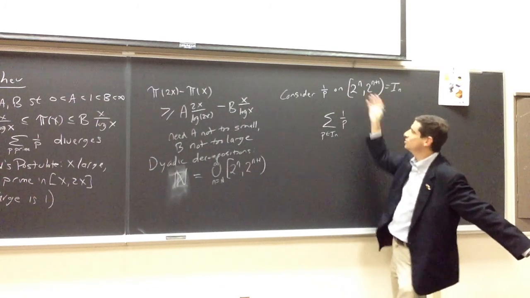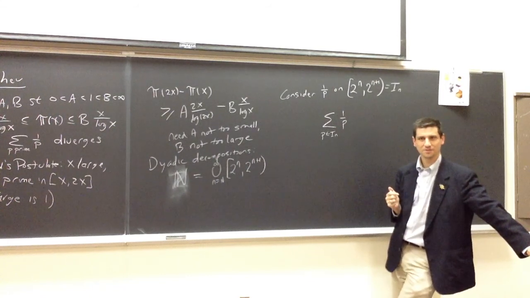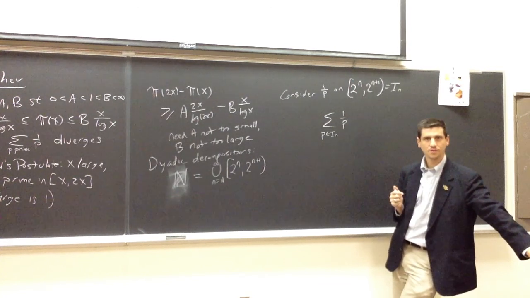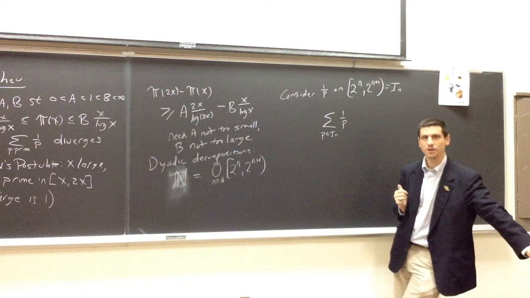So we will have 2 to the n as a prime with what multiplicity? What's the smallest this sum could be? How many primes would I have at the extreme end, according to Chebyshev?